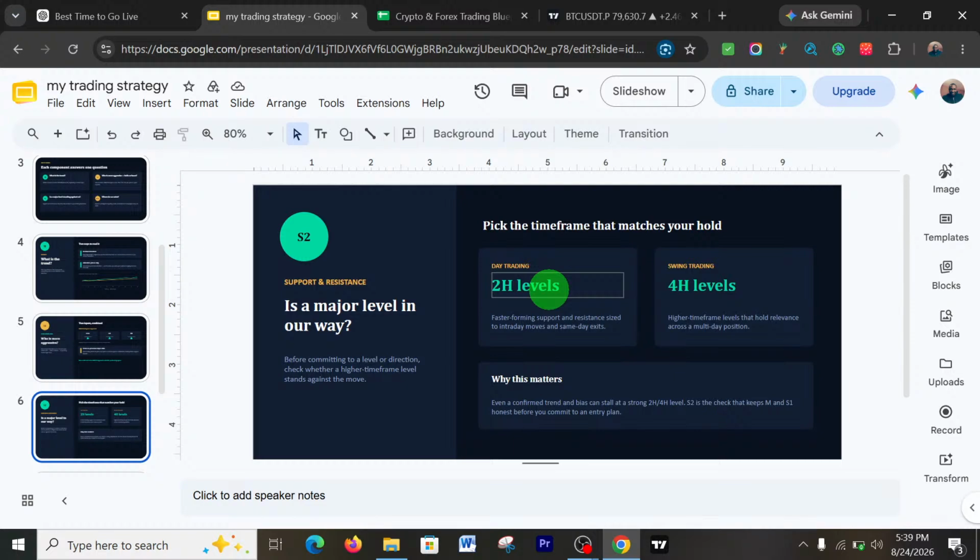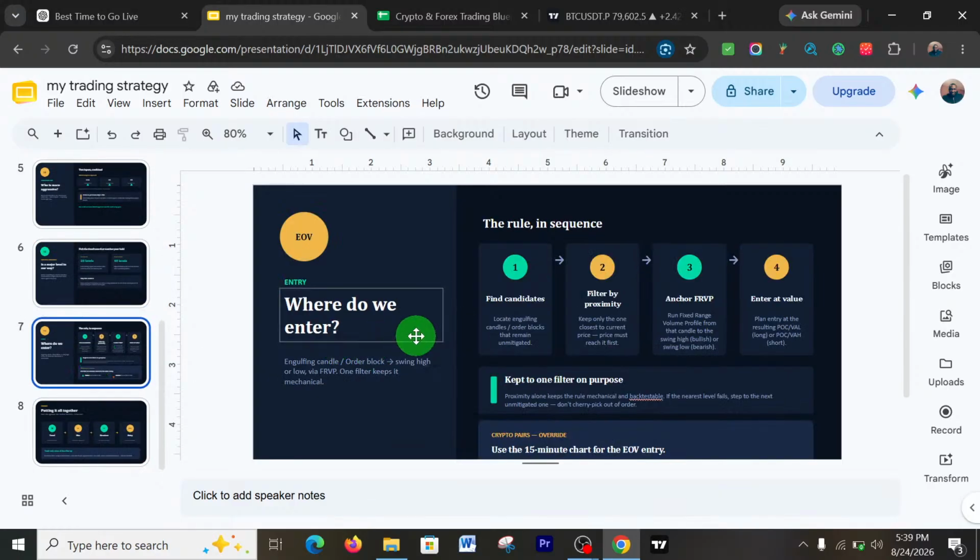If you're going short, you want to check if there's a major support below. Why this matters: every confirmed trend and bias can stall at a strong 2 hour or 4 hour level. S2 is the check that keeps M1 and S1 honest before you commit to an entry plan. So you want to see if there's something that could stop the move.